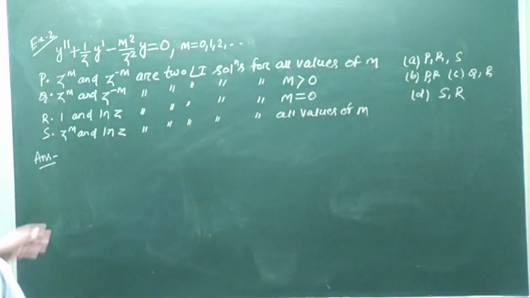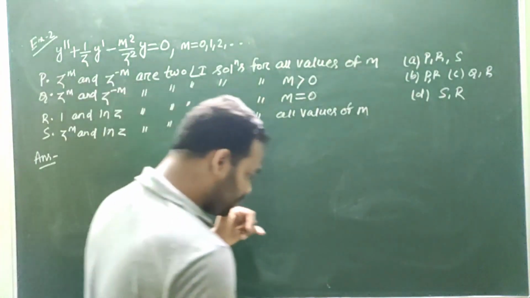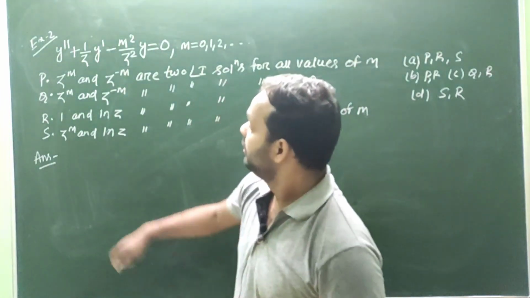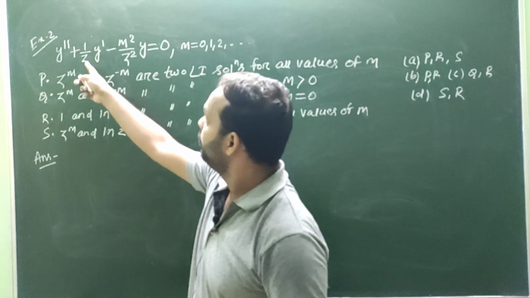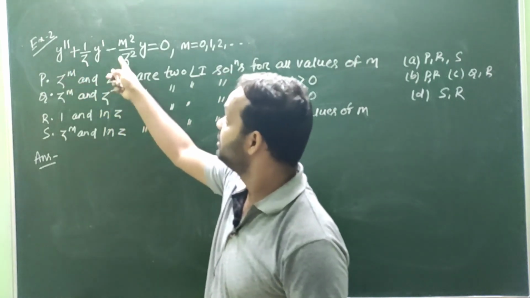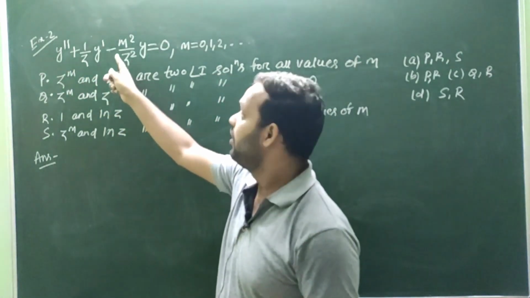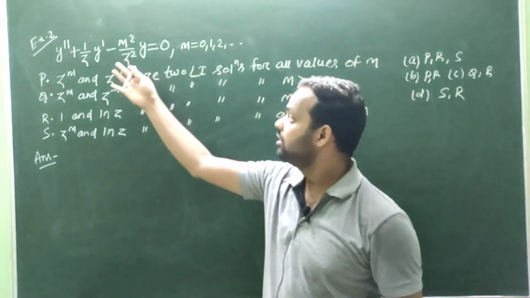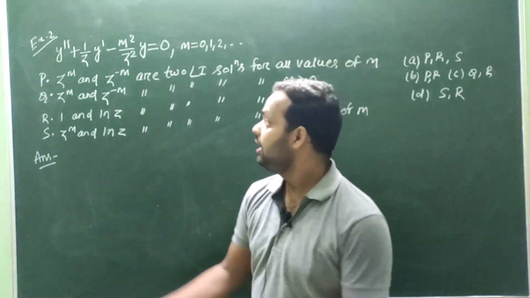By looking at this differential equation, you may be nervous about how to solve this. If you simply look at this equation, there is the second order derivative of y with respect to z, because here z is the independent variable. Don't get traumatized to see all these things, right?